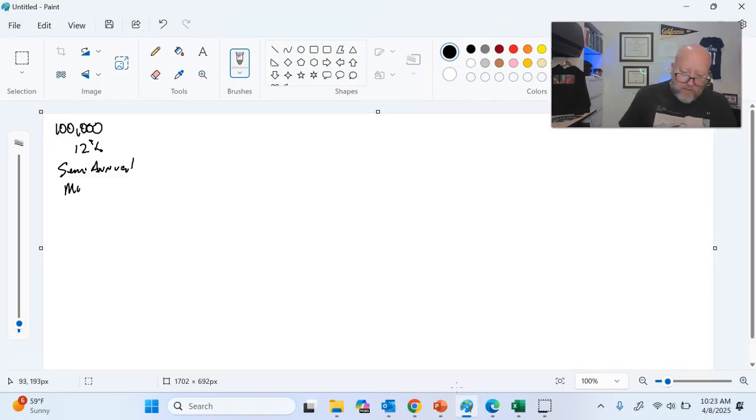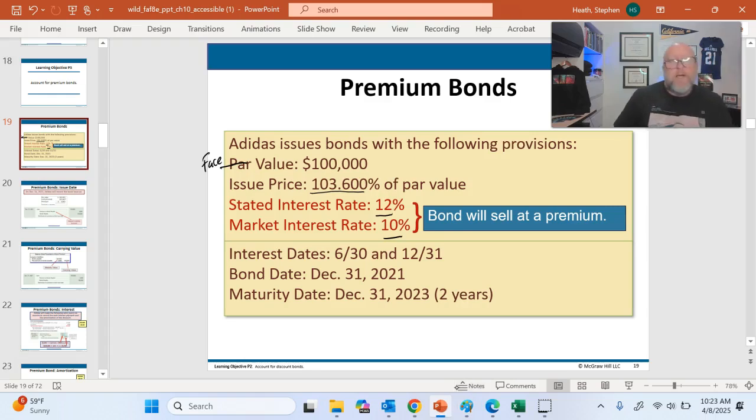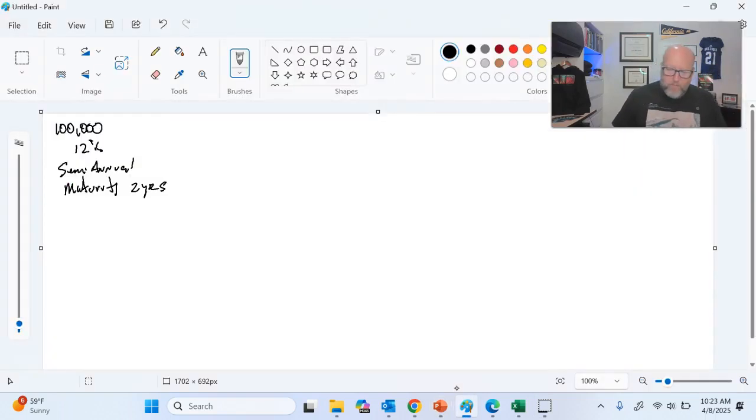And finally, the issue price, we are going to issue at 103.6% of the face value.